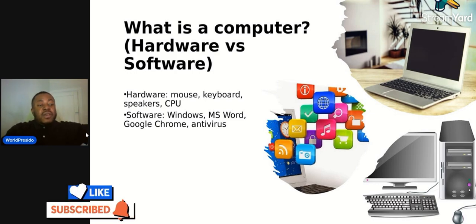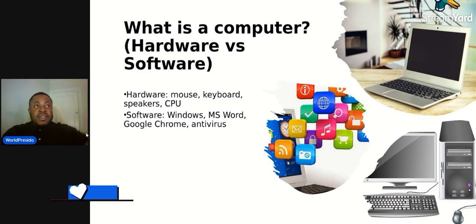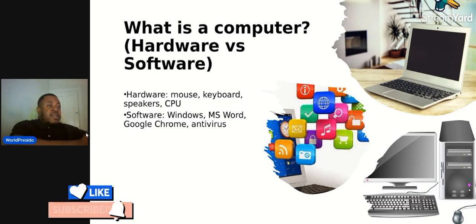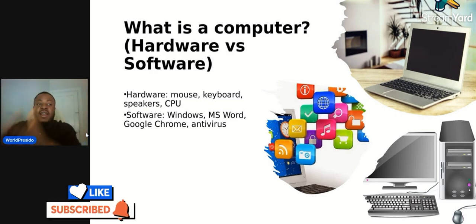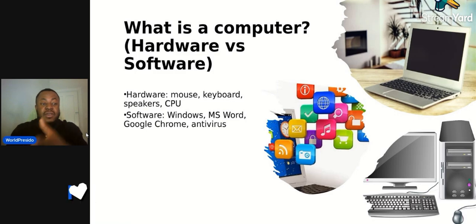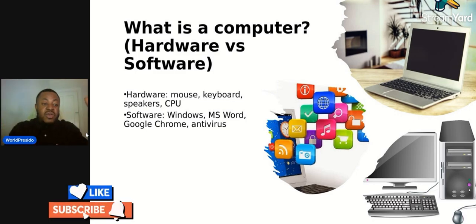Yes. So now we know what a computer is. It's an electronic device that processes data and performs tasks based on instructions. That is the general definition. Then we know that it comprises the hardwares and the softwares.